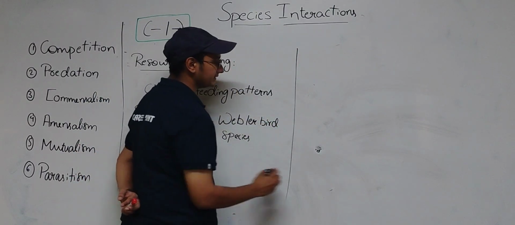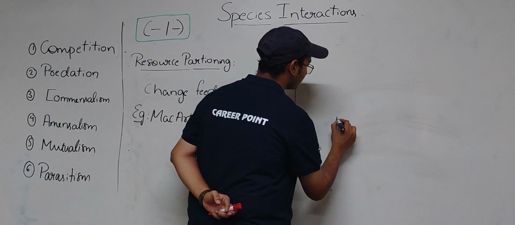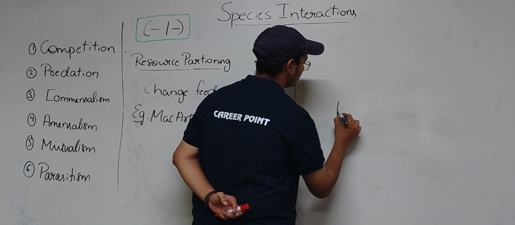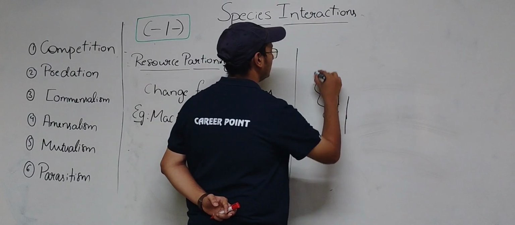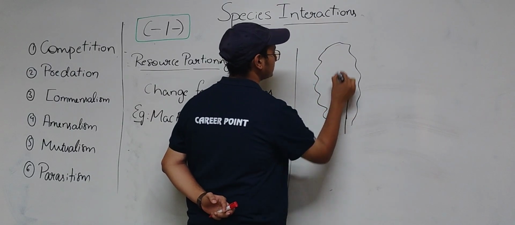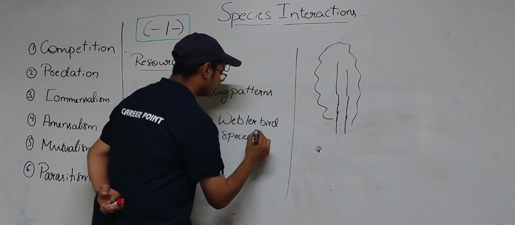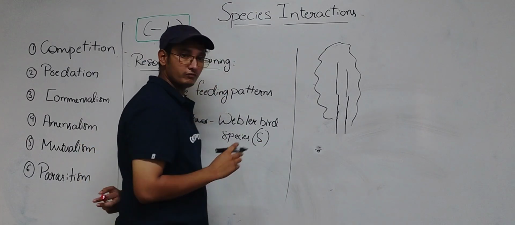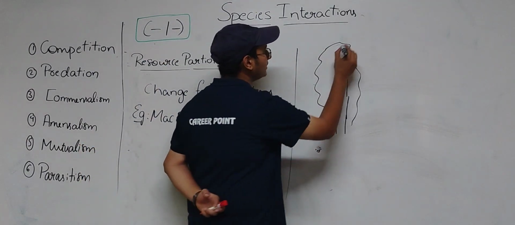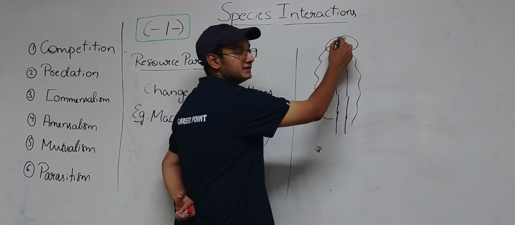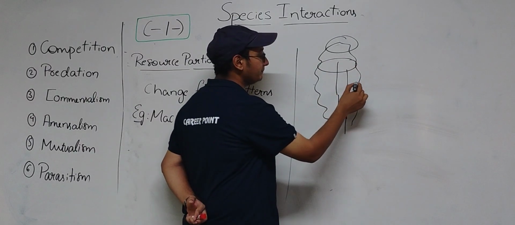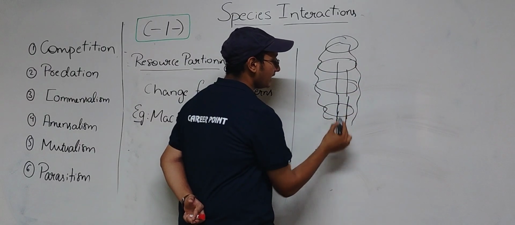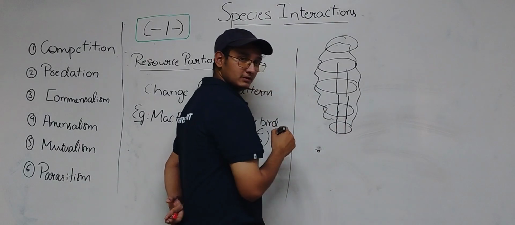So what happened here is, there is a tree, a very big tree. He observed five different species of warbler bird. One of the birds feeds at the top, one feeds below that, one in the middle, one in the bottom, and one in the lower bottom.